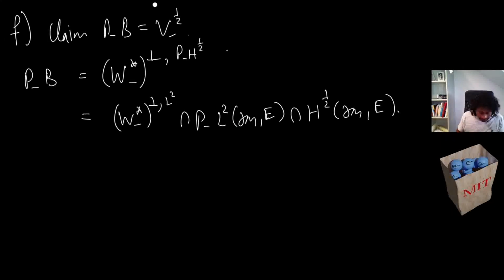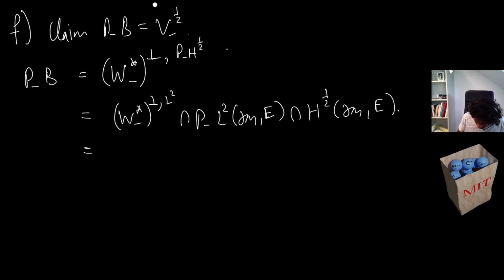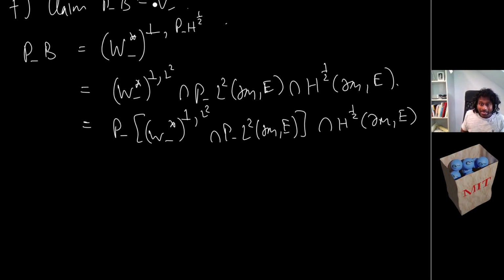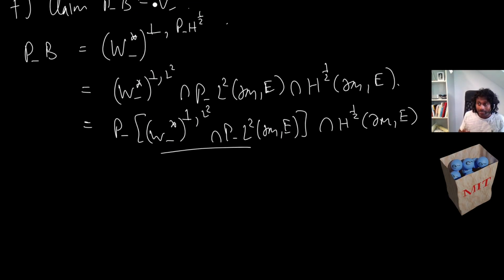Good. And now we replace this by just what we proved, right? So this is P minus W minus star perp L2 intersect P minus L2 intersect H a half. But what is this? Well, this space is exactly the space V minus star, right?